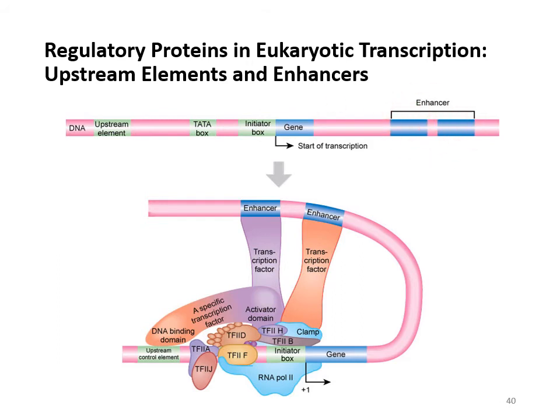What we call these downstream regulators are enhancers. Enhancers are kind of unique because they're far away from the gene that they're regulating. Basically what an enhancer will do is bind transcription factors, pictured over here far from a gene.